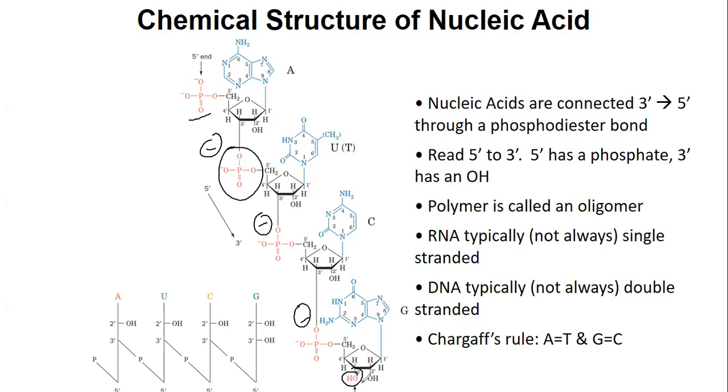A bonds with T, G with C. There are some organisms that don't follow this rule. They're usually in weird environments or viruses. Weird environments, I mean like high heat, high acid. But the majority of organisms do follow Chargaff's rule.